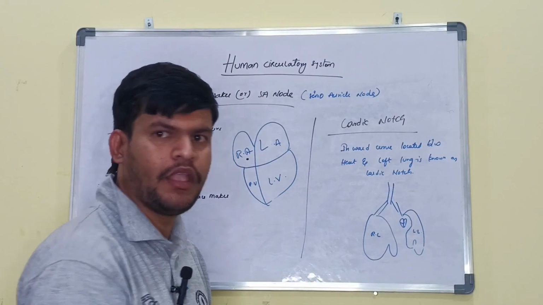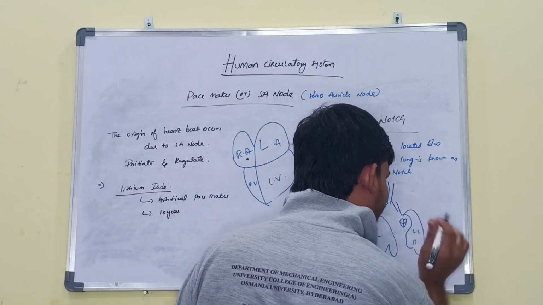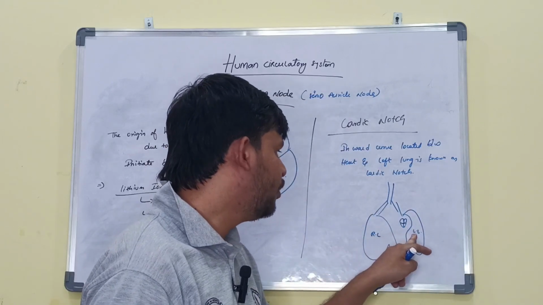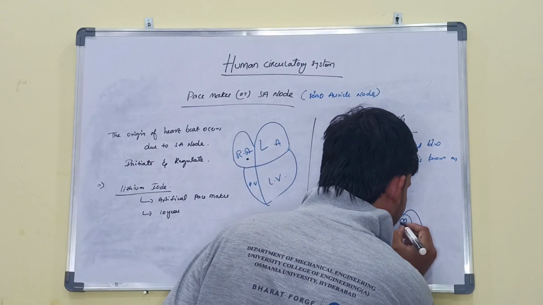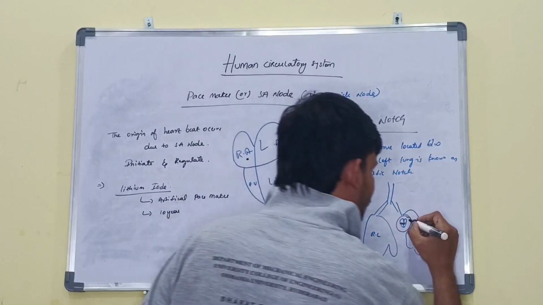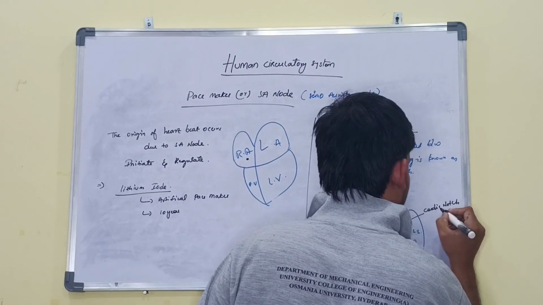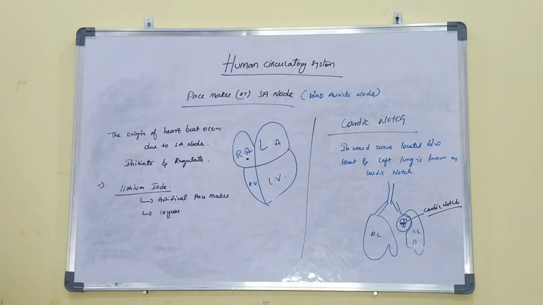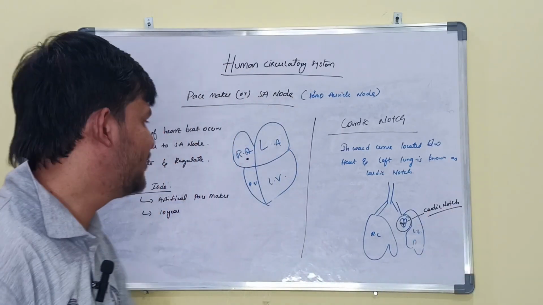So the space occupied by the heart, which is situated beside the left lung, is known as the cardiac notch.